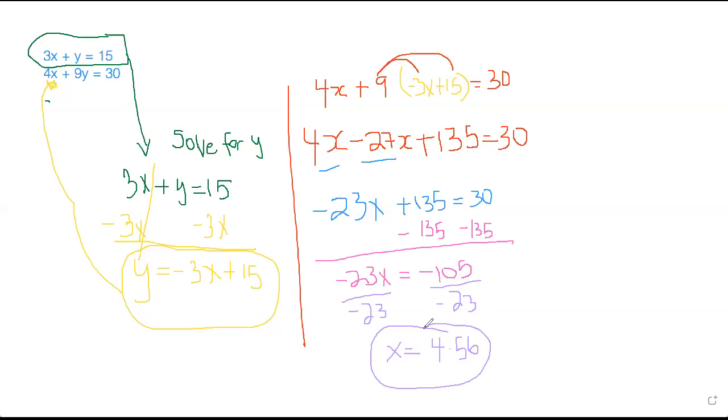But now to find your y, you can plug it into any one of these equations, right? Personally, I'm just gonna plug it into the first one because it makes it a little easier. So now we have 3 times 4.56 plus y is equal to 15.